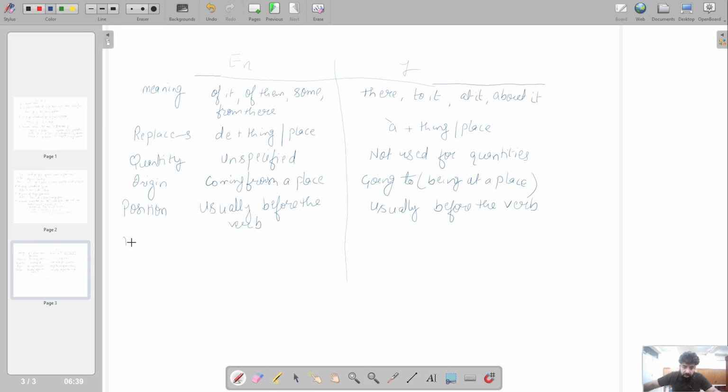And if I talk about negation, in case we are using en, then what actually happens? We write ne, and then we write en, and then we write the verb, and then we write pas. So if you remember, in the sentence 'we are not going', we use en. Then this is used as ne, y, verb, plus pas.